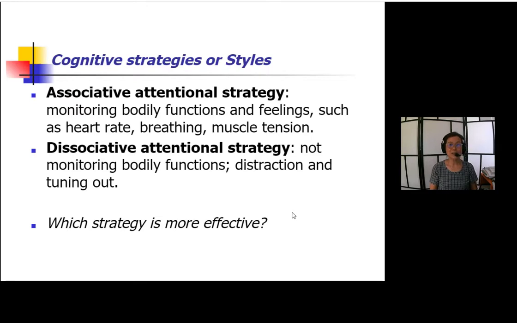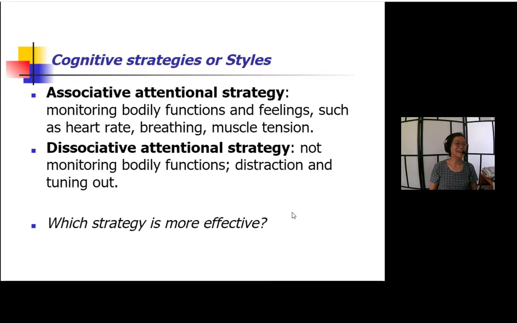Dissociative attentional style is more external and broad, or it could be narrow external.